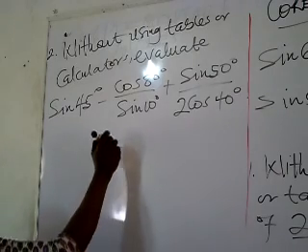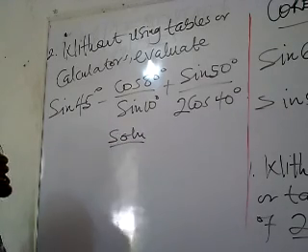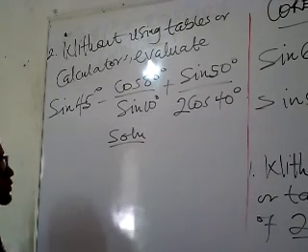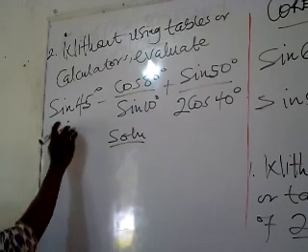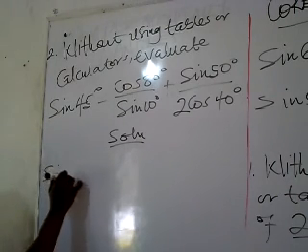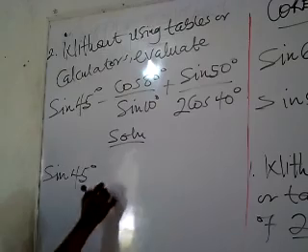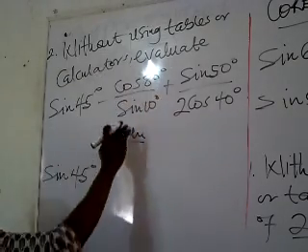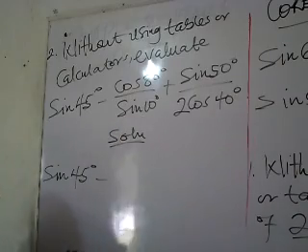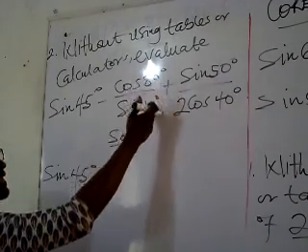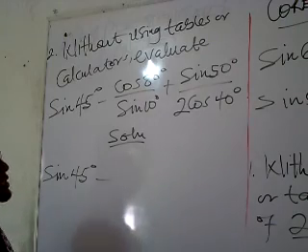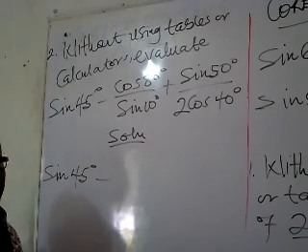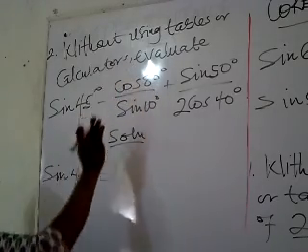Okay, so in our solution, still applying the principles under sine and cos. So sine 45 degrees minus cos 80 over sine 10. 90 plus 10 plus 80 will give us 90. So we can change one of them to get the same ratio for sine or for cos.